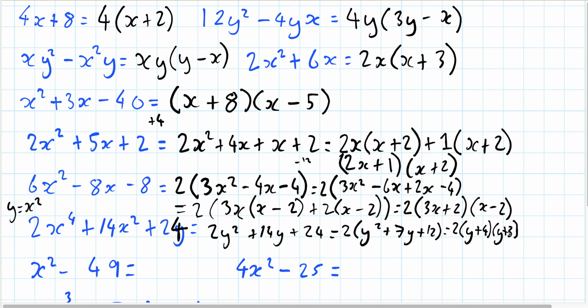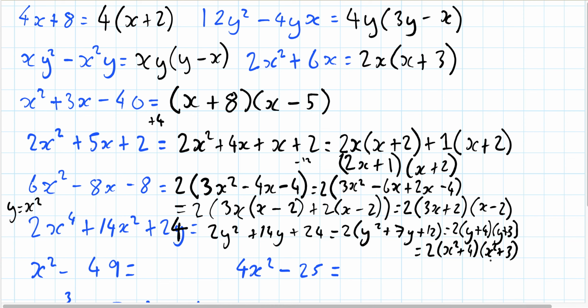And then we can just substitute our x squared into it. So our answer would be 2 bracket x squared plus 4, bracket x squared plus 3.